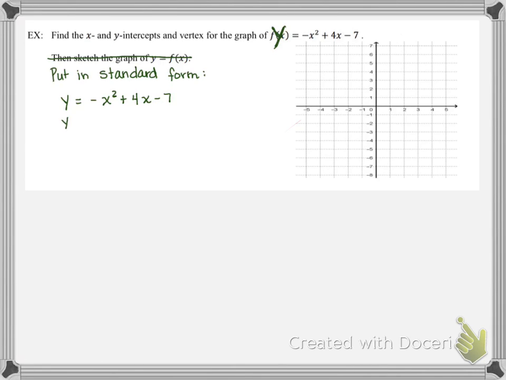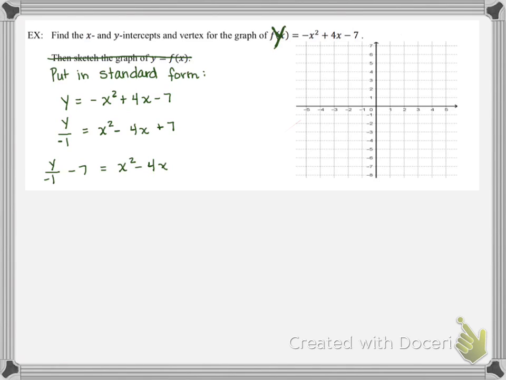So we have y divided by -1 equals x squared minus 4x plus 7. And now, Nikki, what should I do? Move 7 to the other side. Yep. So y over -1 minus 7 equals x squared minus 4x.